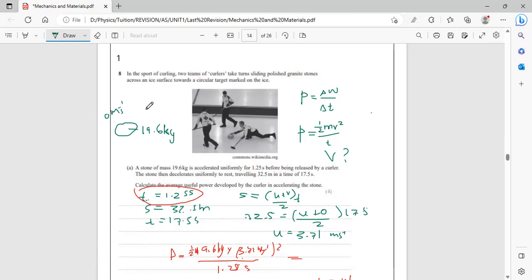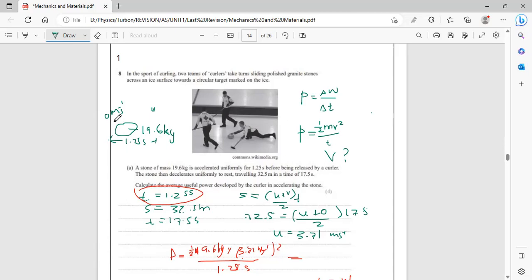So from 0 to whatever the speed, let's say u, within 1.25 seconds, it's accelerated to a certain speed before being released by the curler.